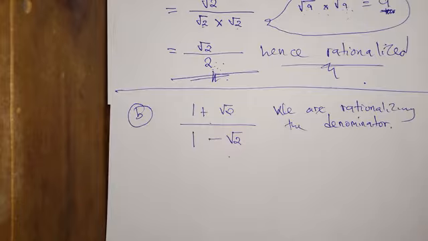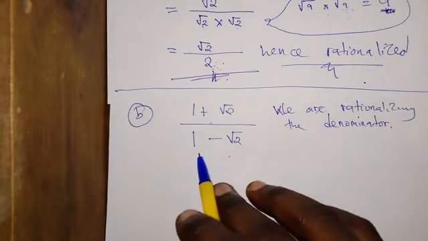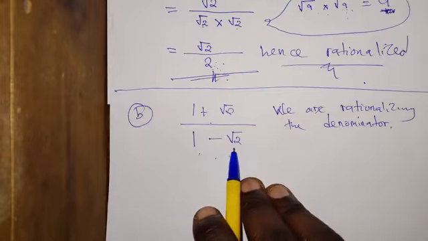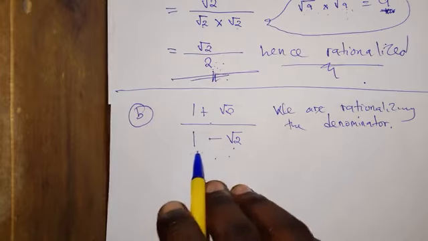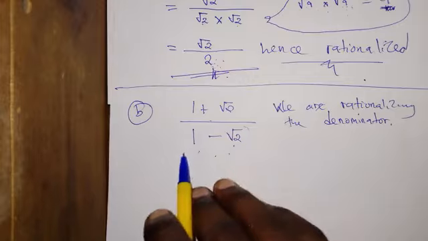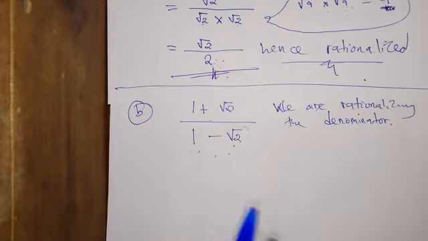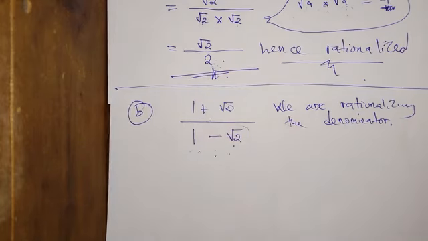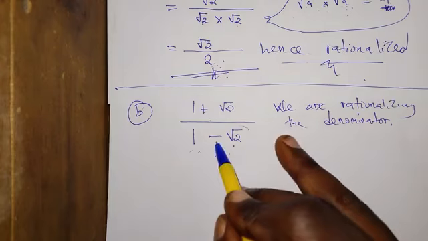Now, 1 minus root 2, this number here in the denominator, the whole lot of this is a SAD. We don't want to have this SAD in the denominator. Hence, we have to delete it.